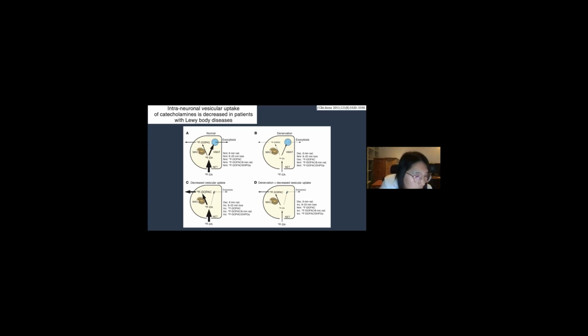Figure D, the combination of decreased sympathetic innervation and reduced VMAT activity decreases initial radioactivity, accelerates its loss, and increases DOPAC production. The fact that dopamine is the immediate chemical precursor for norepinephrine reinforces the view that loss of catecholaminergic neurons is fundamental in PD.